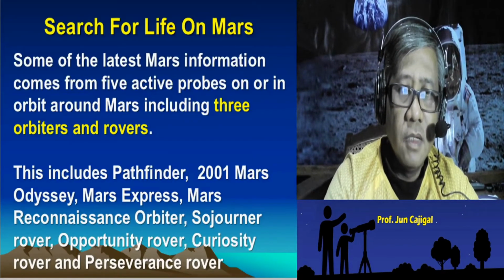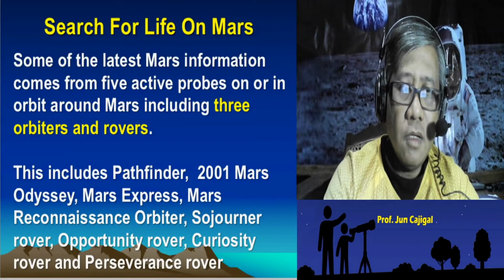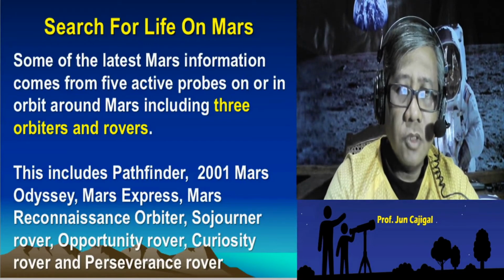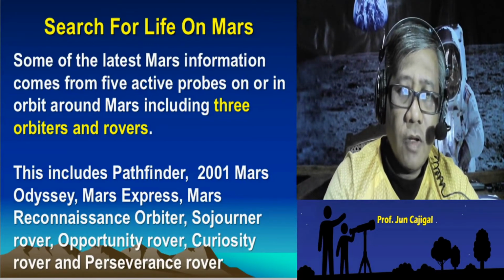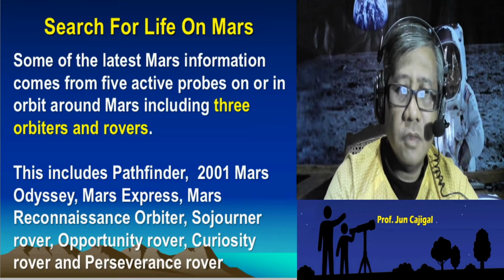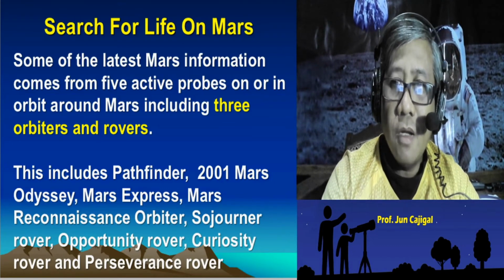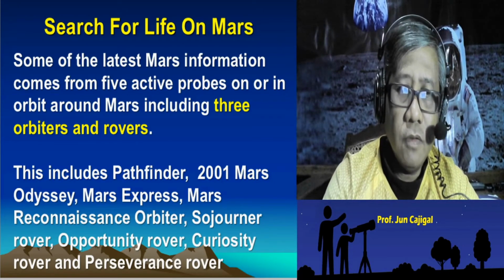Okay? Alright, so some of the latest Mars information comes from 5 active probes, including 3 rovers and 3 orbiters. Ngayon merong bago, yung Perseverance rover.